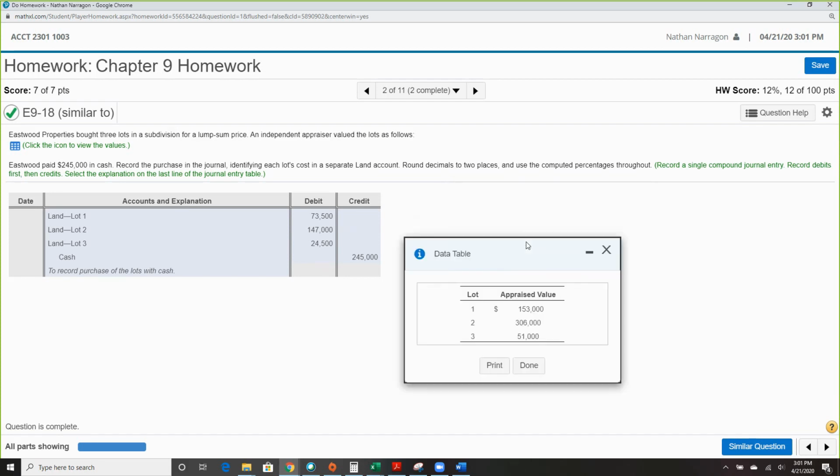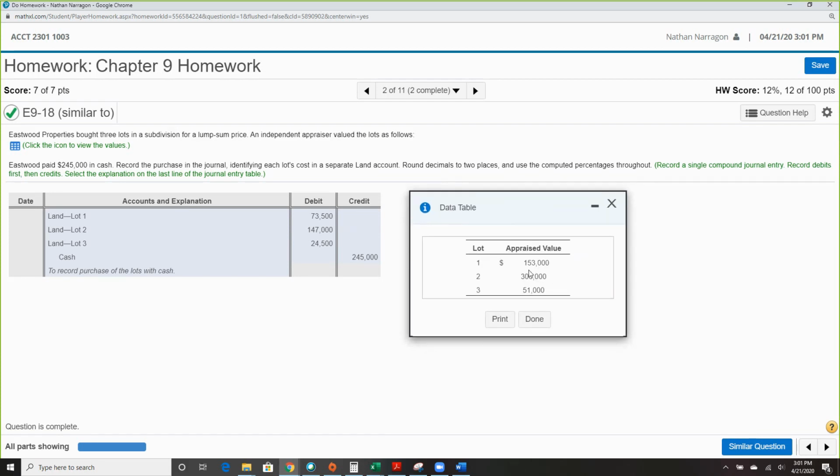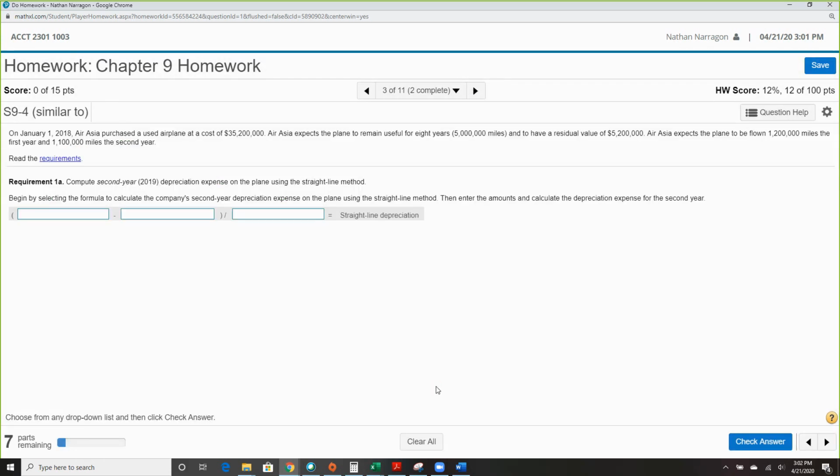Y'all can see the little data table, right? Okay. So that's all I did. So basically we're finding the percentage of each of the totals. Okay. So next question. Question 3.